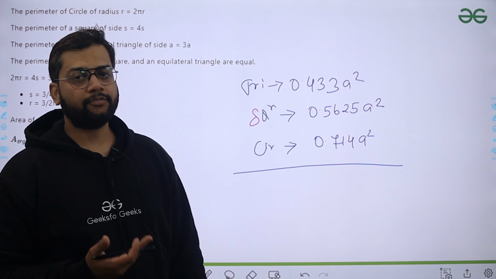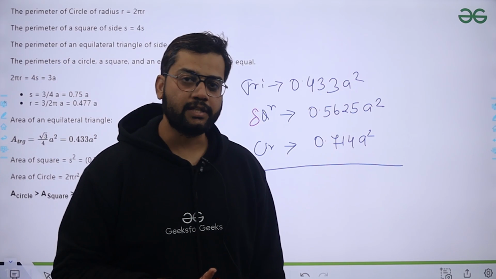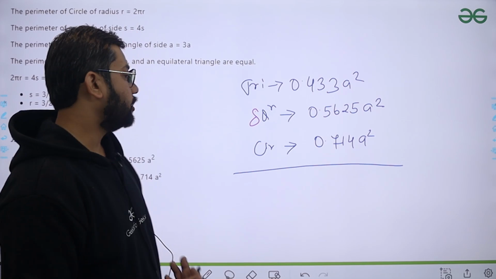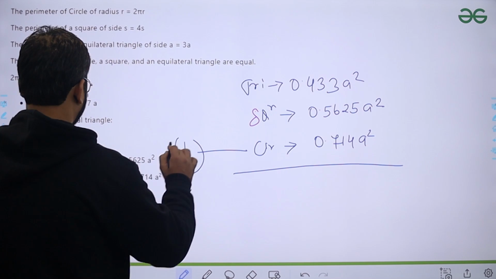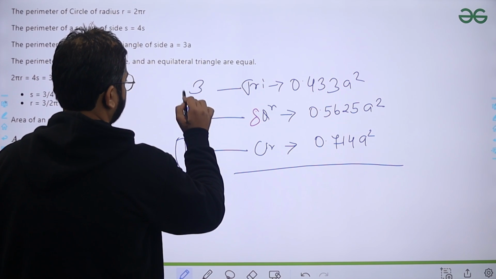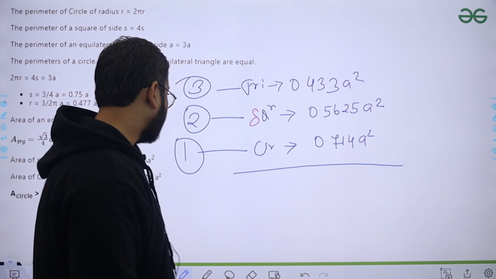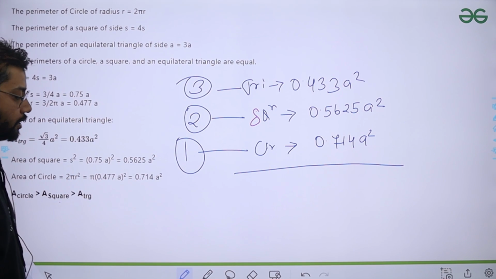So all are in the format of a square, and now by looking at the numbers you can easily do the comparison: which one has the greater area, which one has the middle area, which one has the smaller area. On that basis, the circle area is number 1, then the square area is number 2, and the triangle is number 3. So, in other words, the area of a circle is greater than the area of the square, which is greater than the area of a triangle.